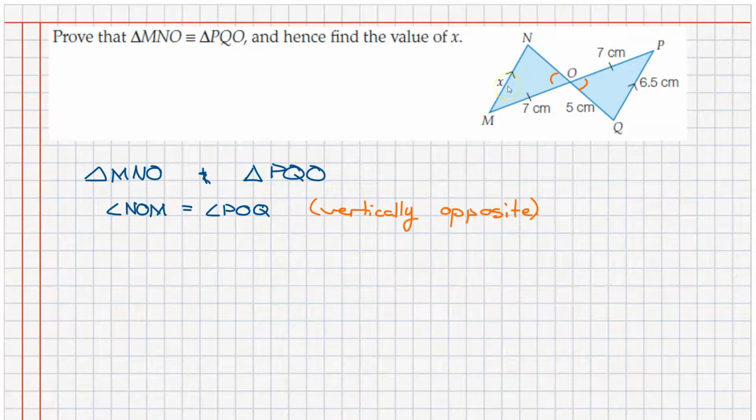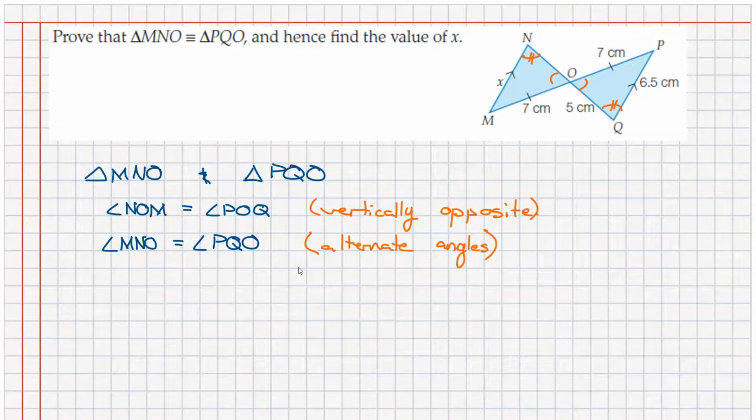Alright, cool. Now the next angle I can deduce is angle MNO and angle PQO. I know that these two angles are going to be equal to one another. The reason I know these two angles are equal is because they are alternate angles. Notice that we've got the parallel lines here, and notice the configuration of the angles.